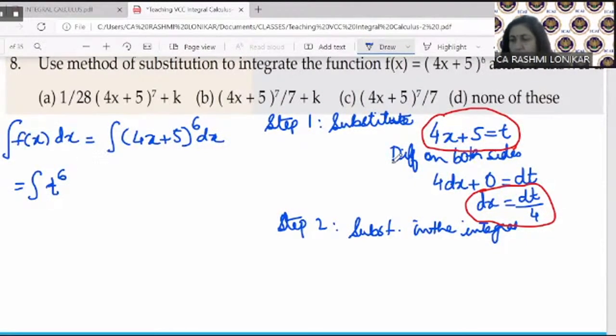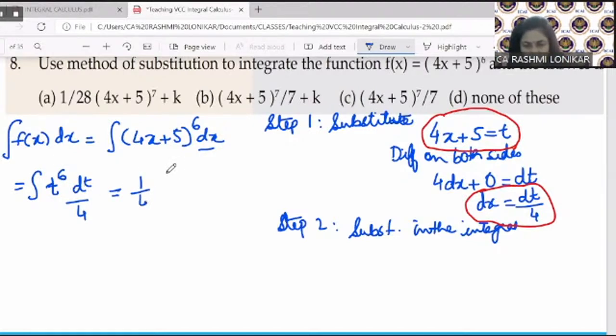Instead of dx, what am I going to write? dt by 4. I'm repeating, instead of 4x plus 5, I'm substituting t, so it will become t raised to 6. And instead of dx, I am substituting dt by 4.